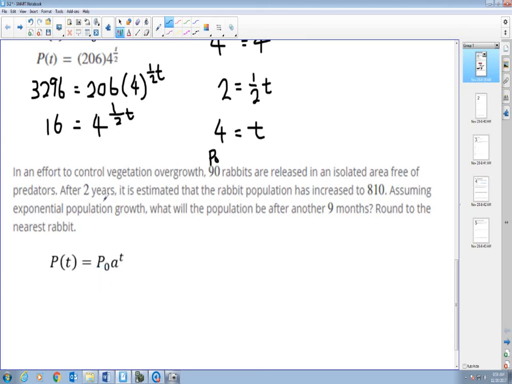After 2 years, so this is after some time t, it is estimated the rabbit population will increase to 810. So that means after 2 years, the population will actually become 810.